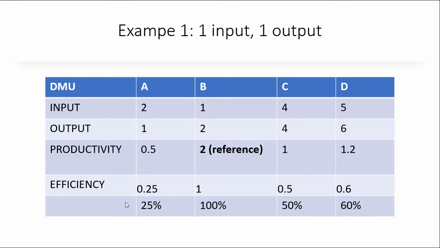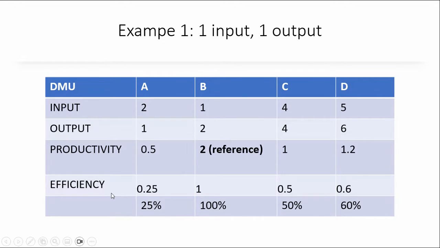I give one example. We have four DMUs: A, B, C, and D. This is the input and this is the output, and we get the productivity by output divided by input. B is the highest, so B becomes the reference or benchmark.